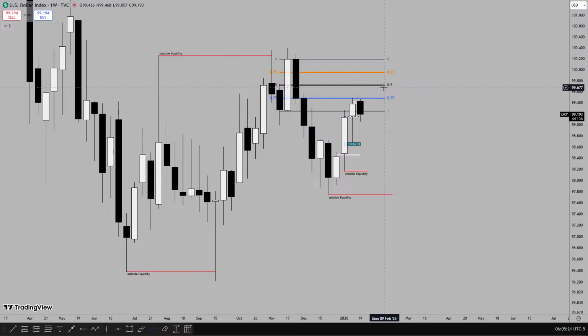Currently I'm looking at lower prices on the weekly time frame on the dollar index. What if price were to trade higher? Knowing that the weekly time frame is going to take weeks, in some cases it might take weeks for price to either respect it or trade higher. Price might just stick at this area, range a little bit, and it might take a few weeks before actually going higher or going lower.